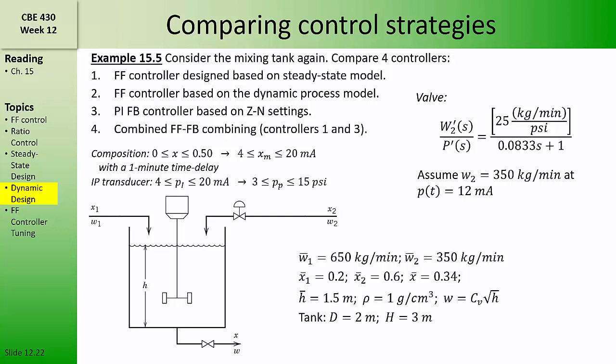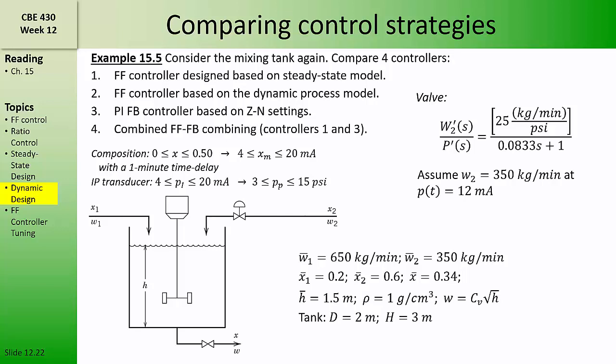In order to do this, we need to have some quantitative descriptions of the process. We'll assume that our composition measurement can range between 0 and 0.5, and that corresponds to an electronic scale from 4 to 20 milliamps, and that there's a 1-minute time delay on that measurement.